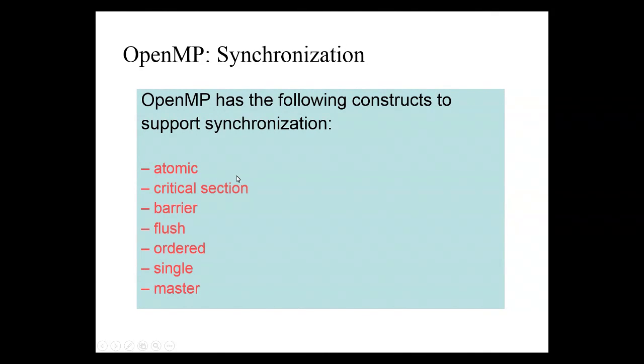Sometimes if you work on specific data arrays or something, you can do atomic. It basically lets one thread do it, and the other threads wait or do other things. Or the critical sections. And the barrier is the most expensive synchronization. Sometimes you have no way to avoid it.